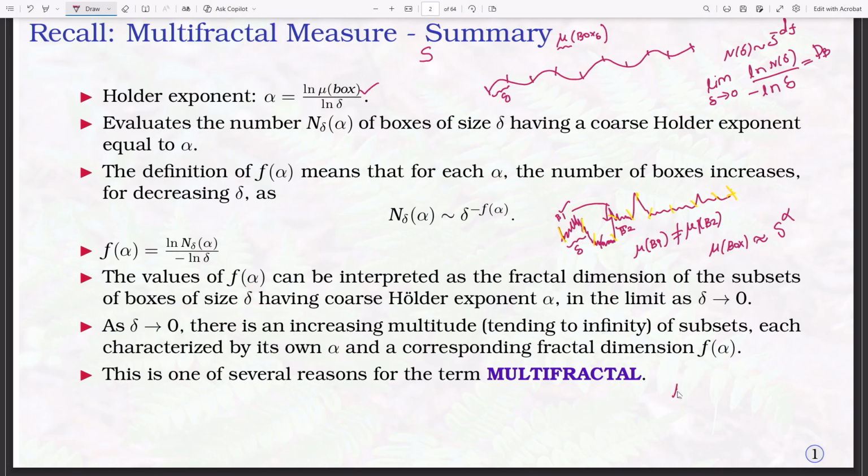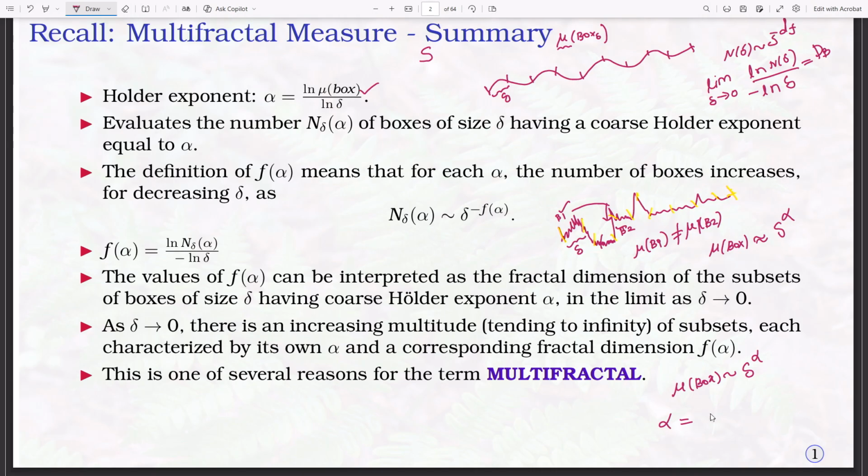Now this mu of box is directly proportional to delta power alpha. Then here one can obtain alpha equal to, we will get the logarithmic constant. Whenever this delta tends to 0, that logarithmic constant will be ignorable.